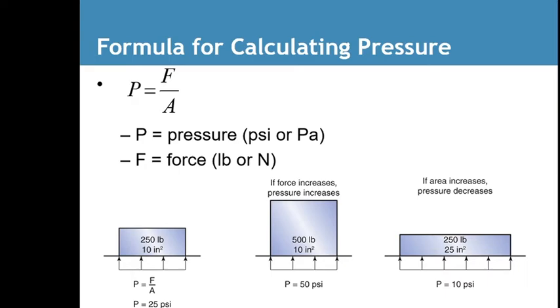The piston pushes up, as we've seen in an earlier picture, and it increases the force, which increases the pressure in there. If that piston went back down without exhausting the high pressure, high temperature gas out of the cylinder, then you'd end up with the next little box on the right-hand side, which says if area increases, pressure decreases. So that piston comes back down, giving the refrigerant more area to use, and the pressure is going to decrease. It doesn't stay at that same pressure.